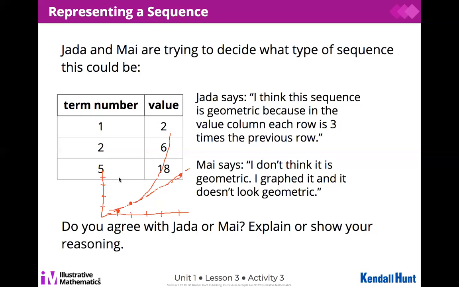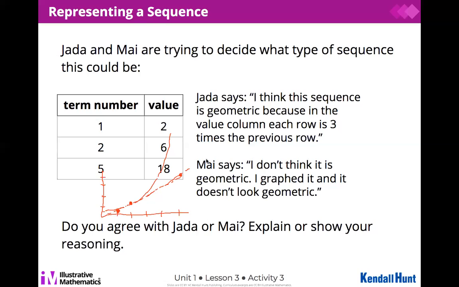But what's happening is this actually represents an arithmetic sequence because arithmetic sequences go up at a constant rate. They represent linear graphs, okay? Because they go up constantly. Whereas the geometric sequences go up exponentially. They either exponentially grow or exponentially decay.